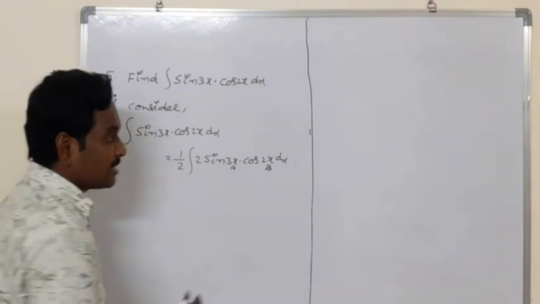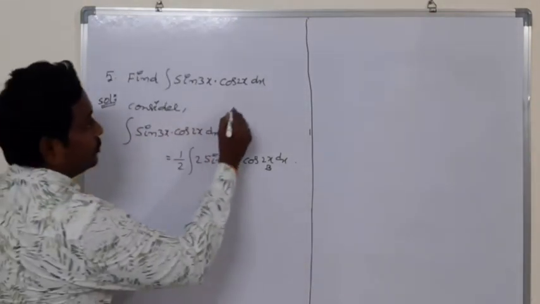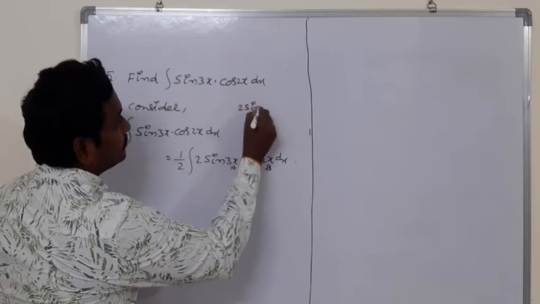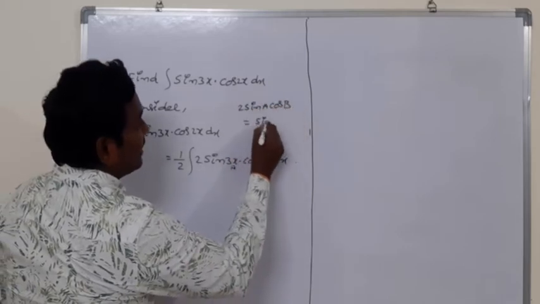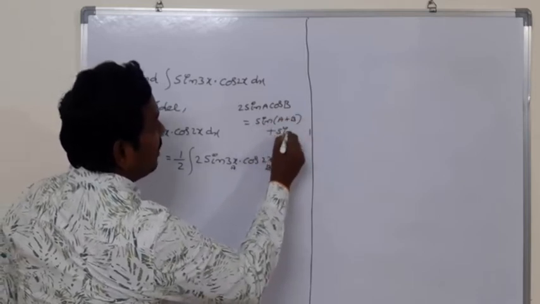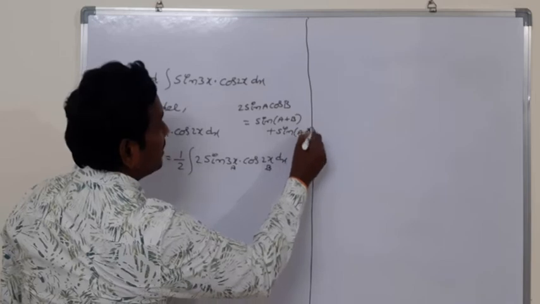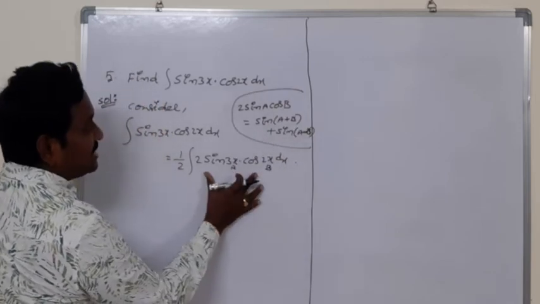Okay, what is the trigonometric transformation formula here? 2 sin a cos b is equal to sin of a plus b plus sin of a minus b. According to this formula, we can change this function.